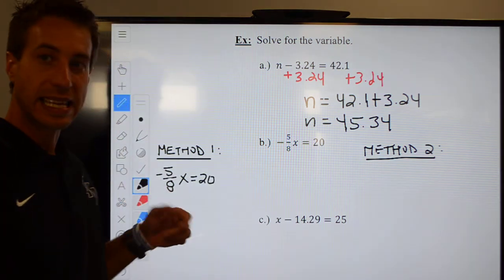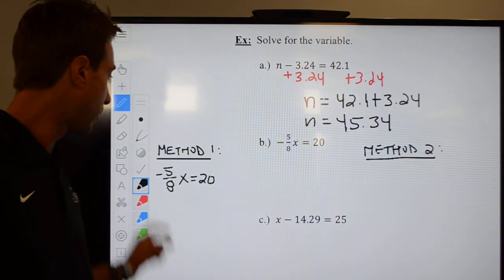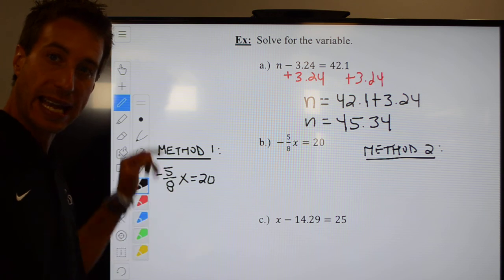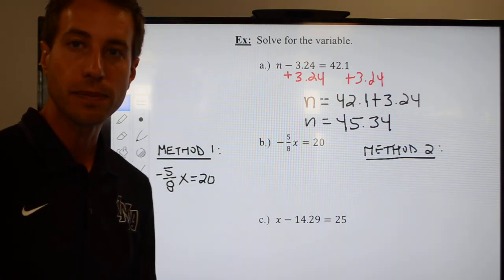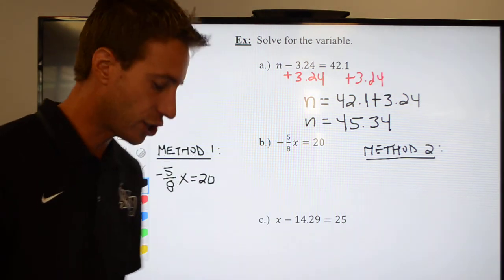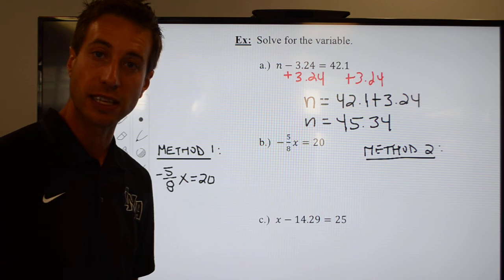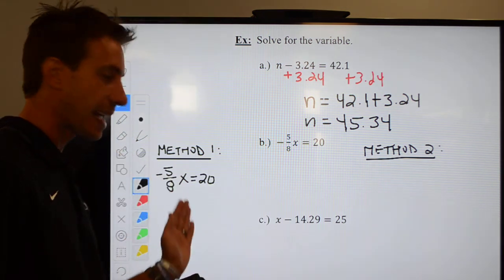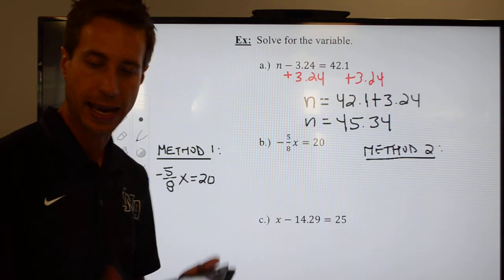I recognize that in this fraction, negative 5/8, I'm dividing, right? I have division by 8. The 8 is in the denominator. Well, how do you undo division? Multiplication. So if I multiplied an 8 on both sides of the equation, the 8s would cancel on this side and move it to the other side. So let's go ahead and do that.